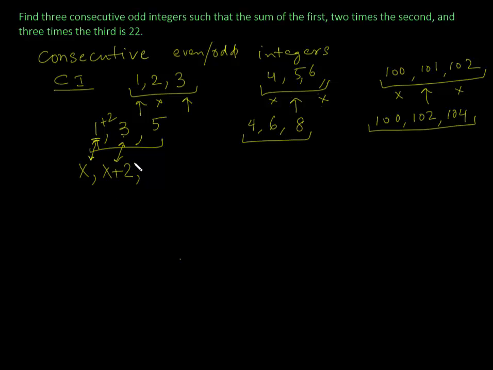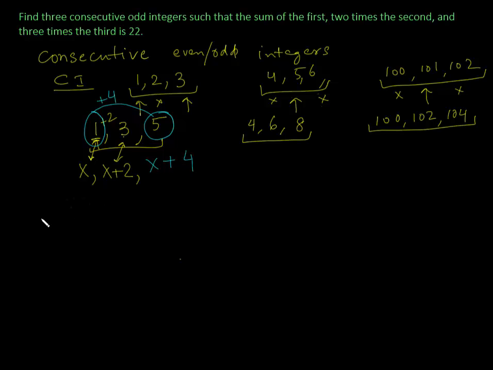Using the same rule, 1, which is our X, and 5, they're related. How? 5 is 1 plus 4. So that means our third consecutive even or odd number would be X, the first one, plus 4.